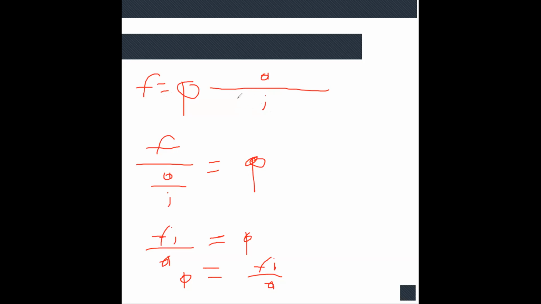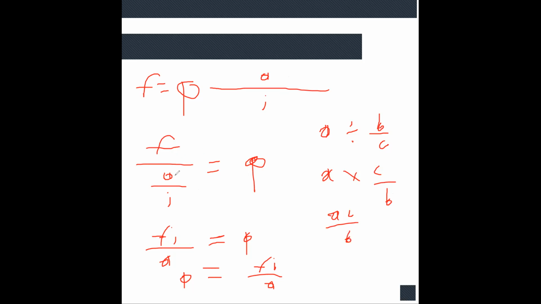If we want to find what P is, which is what they asked us, we just divide both sides by A over I. F divided by A over I is the same thing as F times I over A, because as you know with fractions, dividing A by B over C is A times C over B, which is AC over B. Same thing we did here.